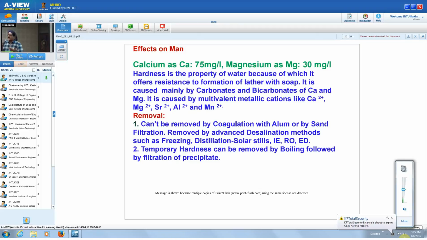What are the effects on man of hardness and alkalinity both? Mainly hardness. Hardness is the property of water because of which it offers resistance to the formation of lather with soap. So if water is hard and you are using soap, lather is not formed.